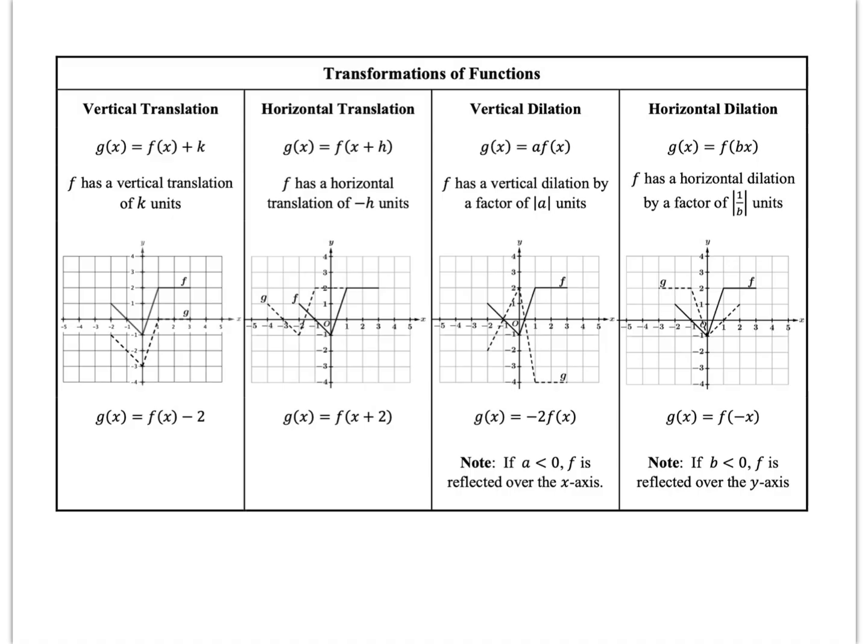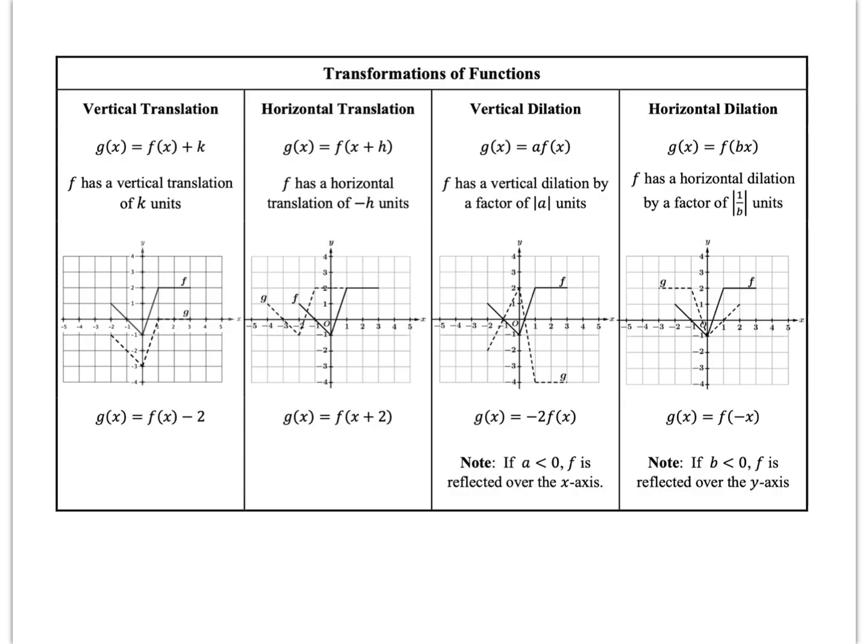There are 4 different types of transformations that we can do to functions. The first is a vertical translation. The general form of a vertical translation is g of x is equal to f of x plus k. And we say that f has a vertical translation of k units. In our example here, g of x equals f of x minus 2.